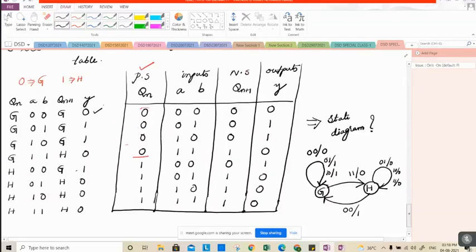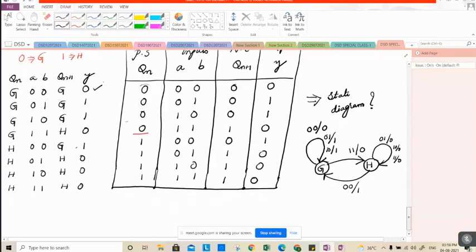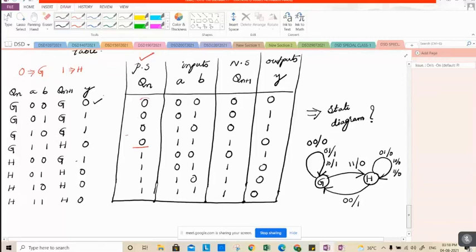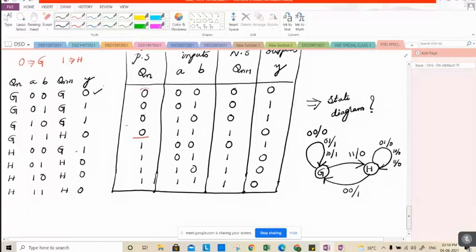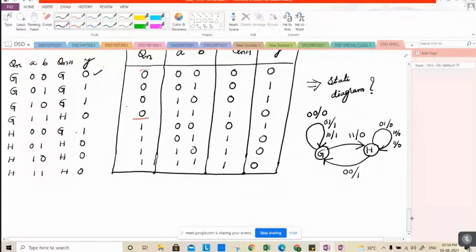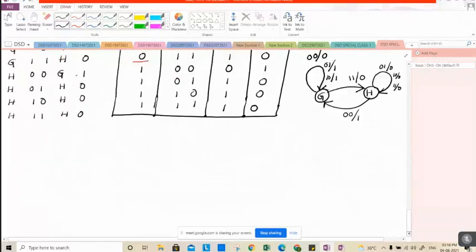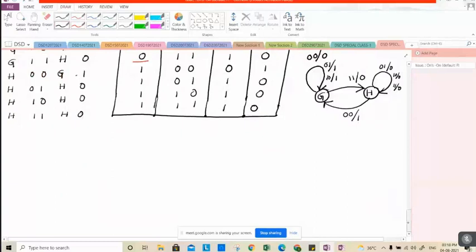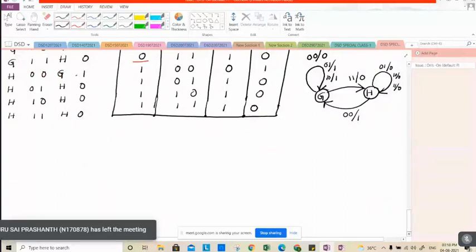Is it fine? Does it look simple? That's it. A state diagram is nothing else, nothing more than this.